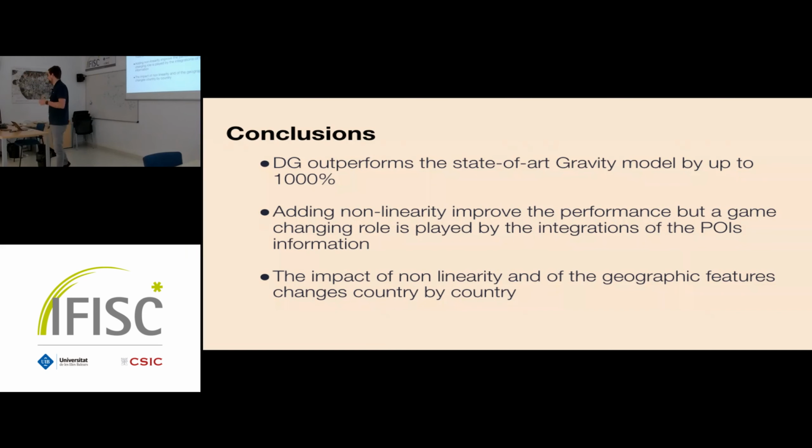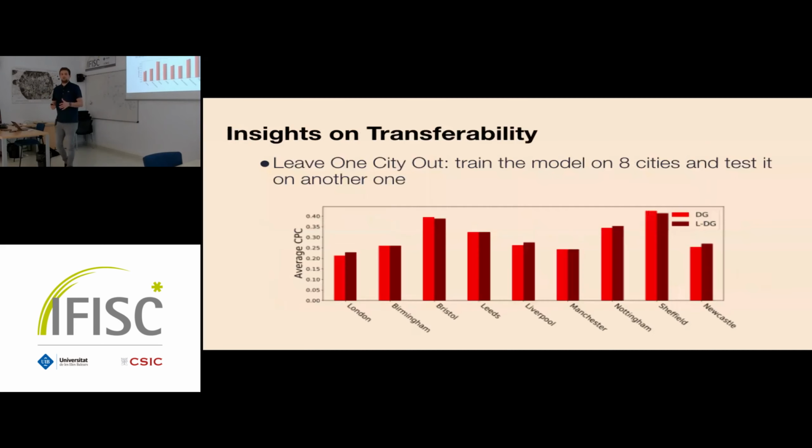And as we saw from the other baselines, we cannot simply add the nonlinearity to the traditional gravity model or add features to the gravity model, but we have to take the combo of the two. But what is more interesting, in my opinion, is the geographic transferability of the model.